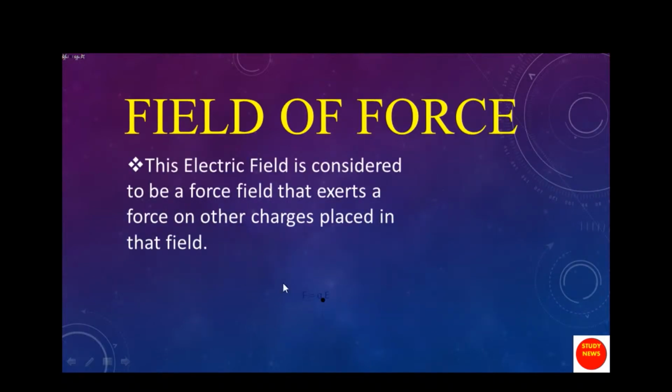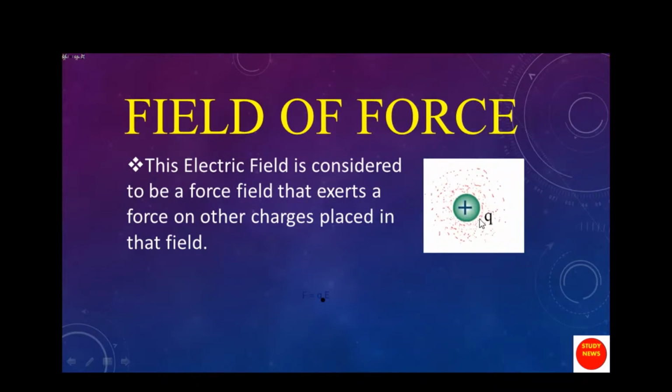Next, this electric field is considered a force field that exerts a force on other charges placed in that field. Here we have a positive charge, and these dots show the electric field of this positive charge.